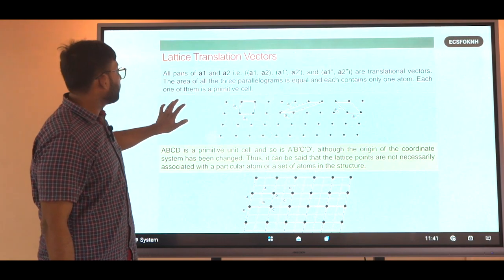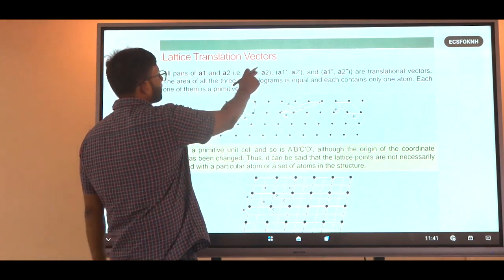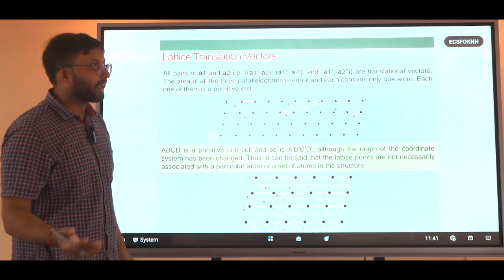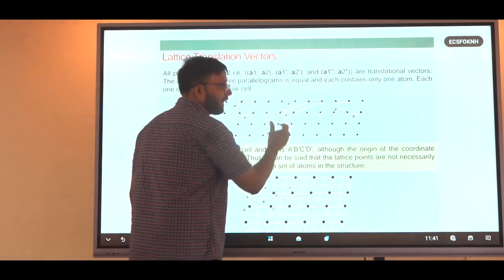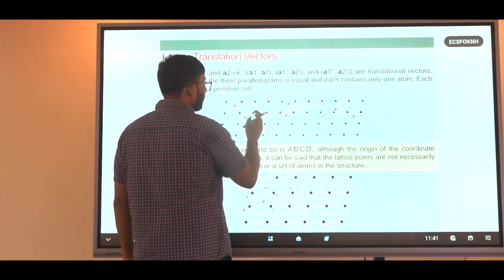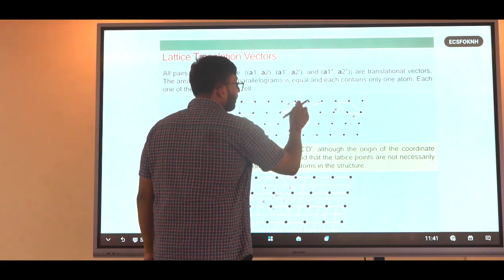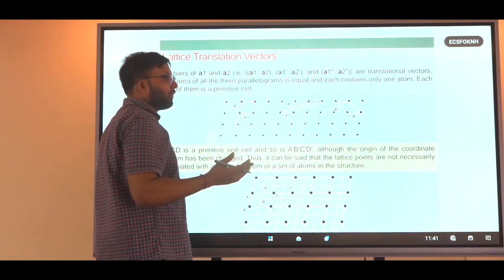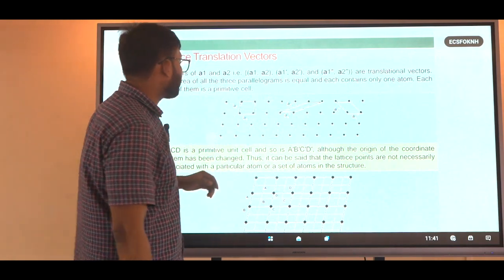This is an example of lattice translational vectors. I can consider another translation vector where I can take a1 dash and a2 dash, which need not be perpendicular, which may take a diagonal direction, but even then we'll get translational vectors.